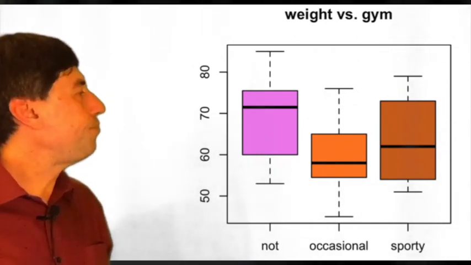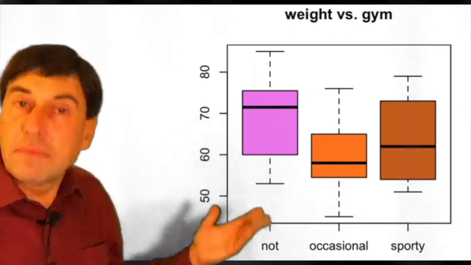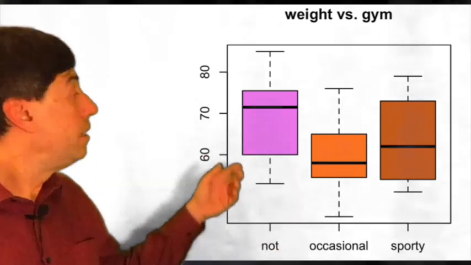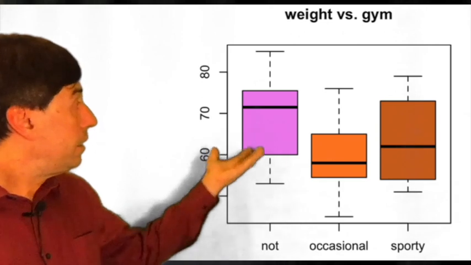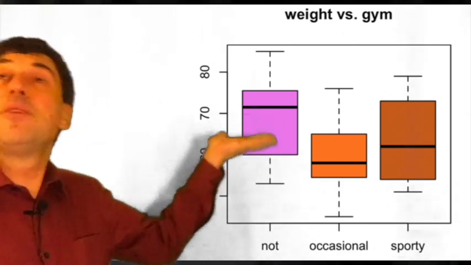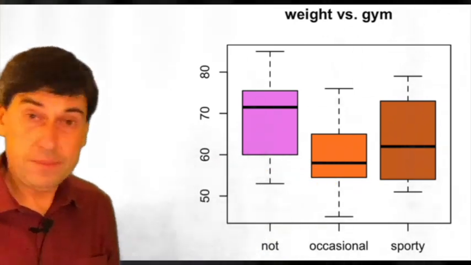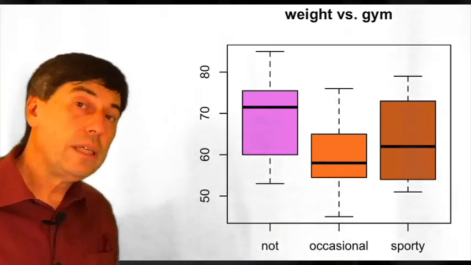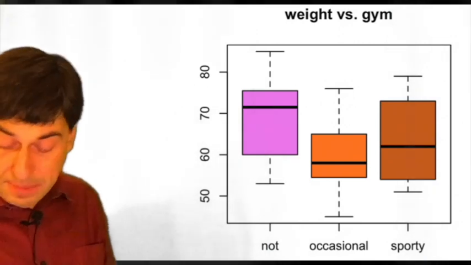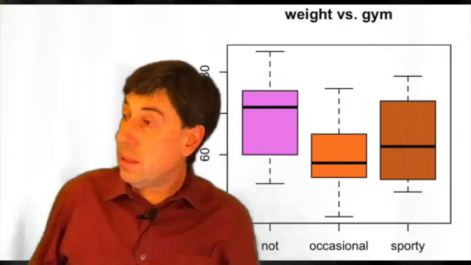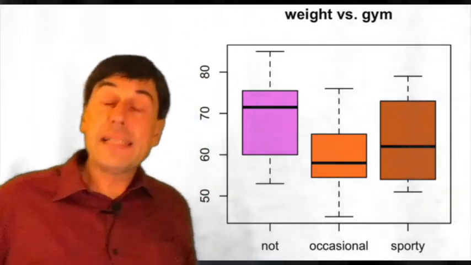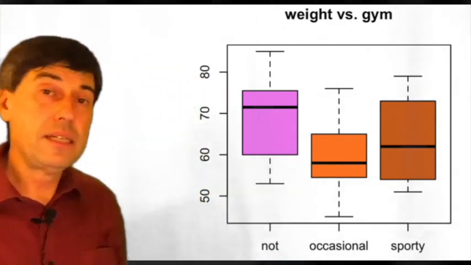Okay, so it seems that the purple box, in a sense, has a weight greater than the other 2 groups. Okay, and we want to investigate it. Not with the t-test.